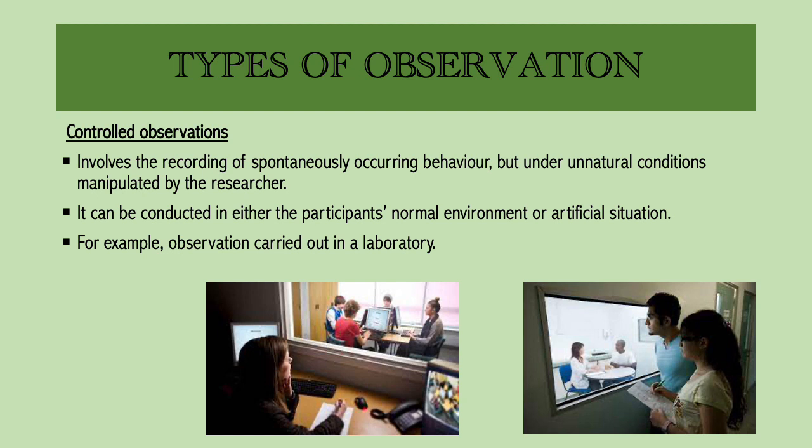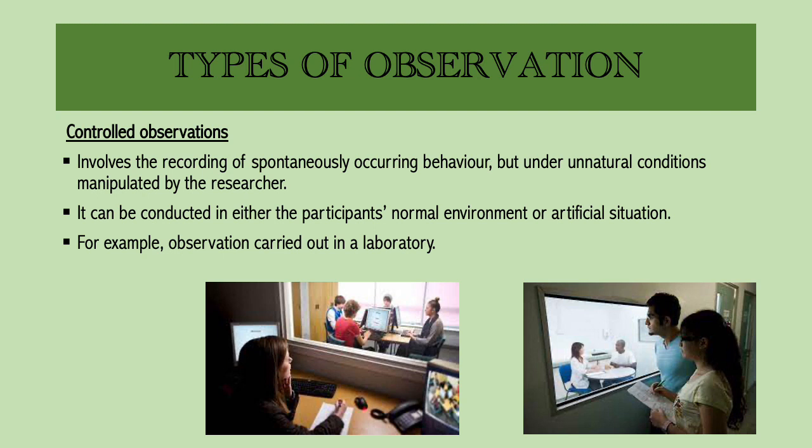If you see in the picture there, they were observed inside an artificial setting, like inside a lab, and the researcher would be observing through a one-way mirror. I'm pretty sure you have seen it in movies. That mirror, only the researcher can see them. They cannot see the researcher. We call that mirror a one-way mirror. Okay, so it's considered an unnatural condition because they are doing it inside a lab. So hence, that's why it's a controlled observation.